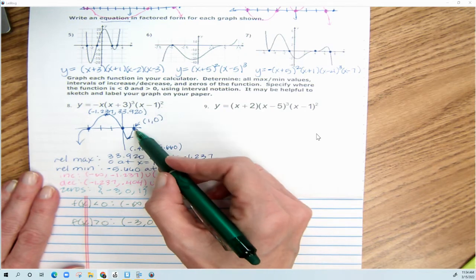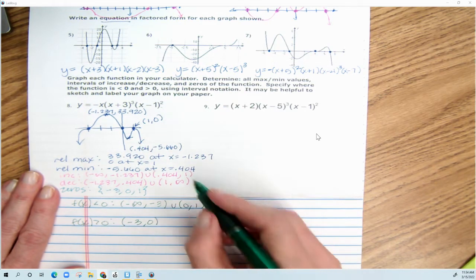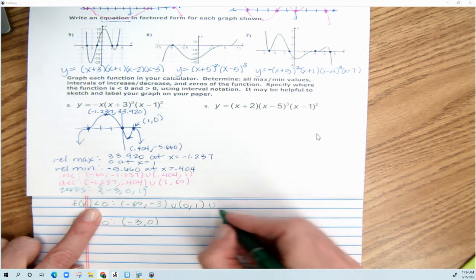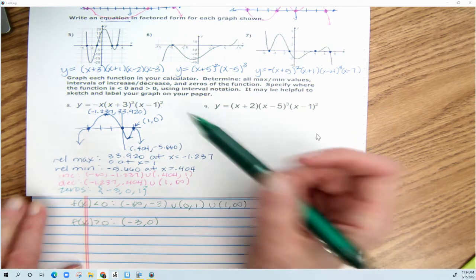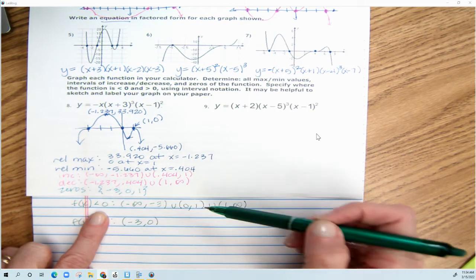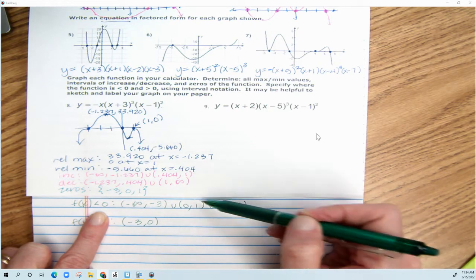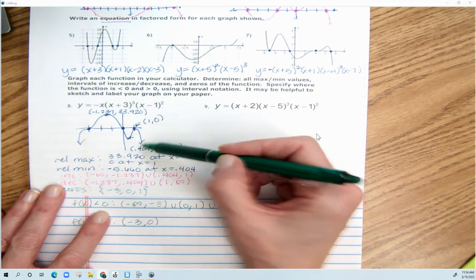Then it dips down below from 0 to 1, and it stays there, but because it's just less than, I have to do 2 separate intervals, from 1 to infinity. If it said less than or equal to, I could just say 0 to infinity, but it doesn't include the x-intercept, so I have to break that up into this section and that section separately.